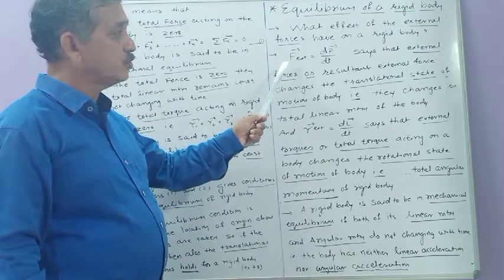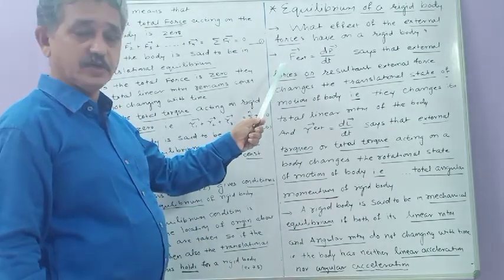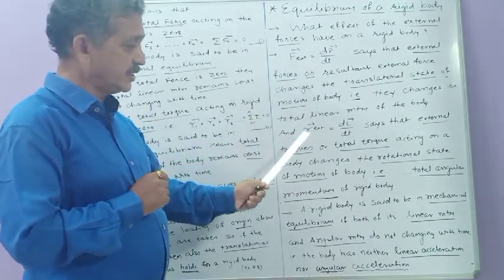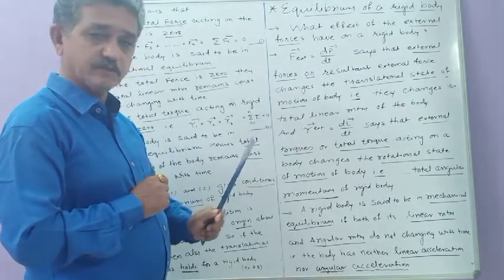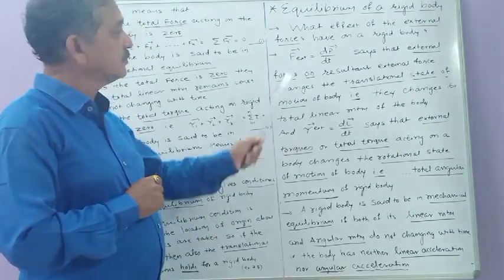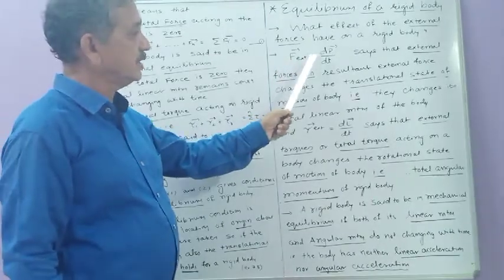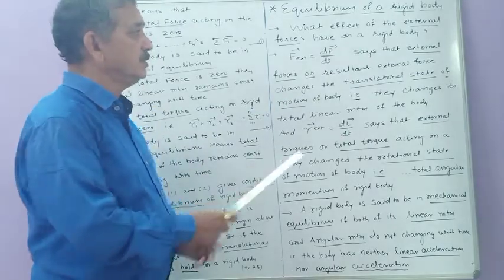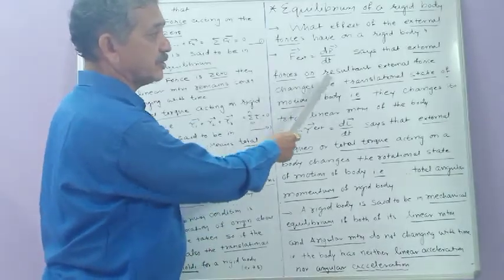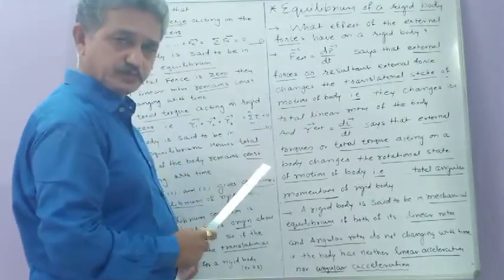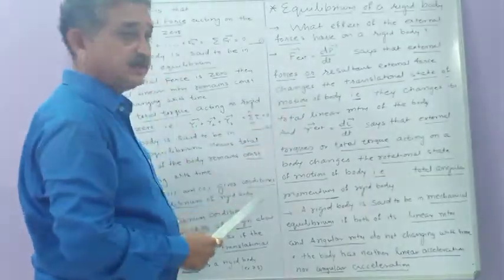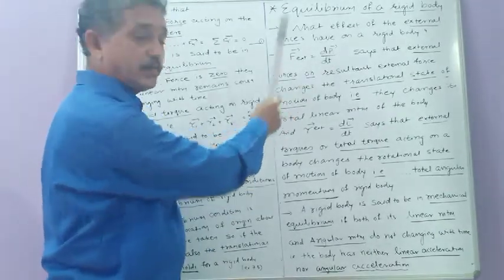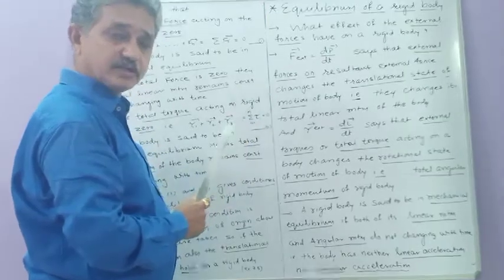We have studied two equations. One is Newton's second law of motion for linear motion, and next is Newton's second law for rotational motion. What do these two equations say? F external equal to dp by dt. This says that the time rate of change of total linear momentum of a body is equal to the resultant external force.